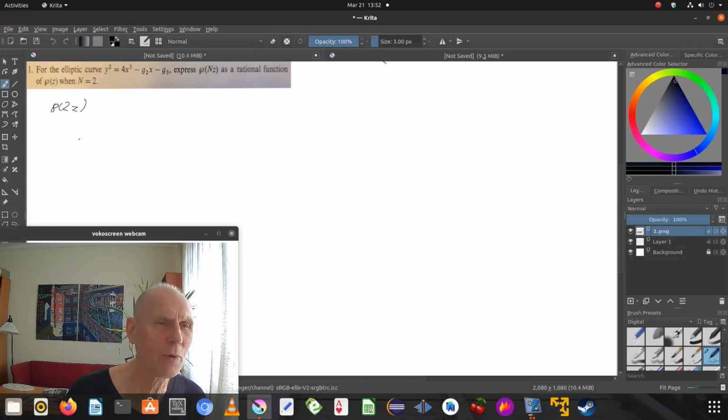And we have the complex numbers z, which maps to a point on the elliptic curve. It's not embedded.